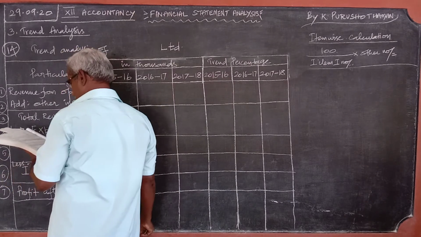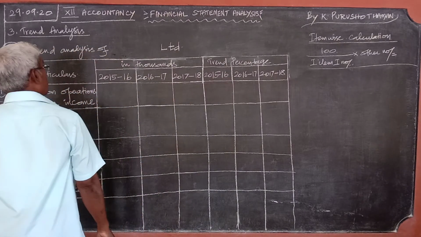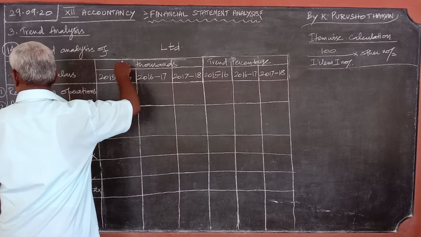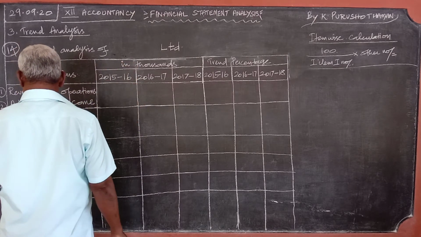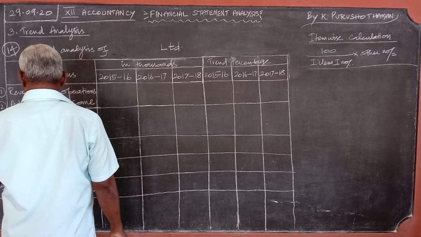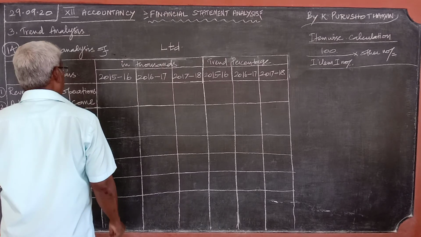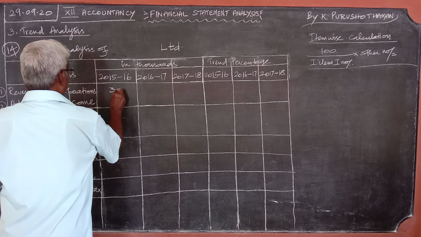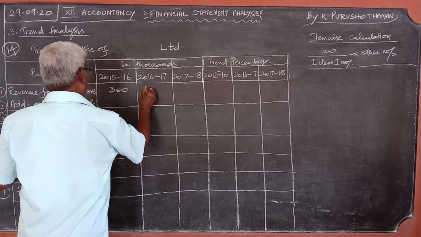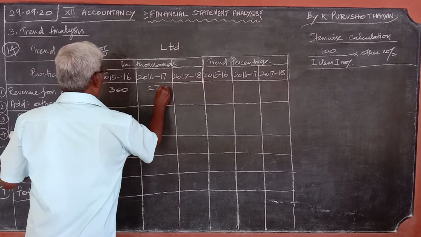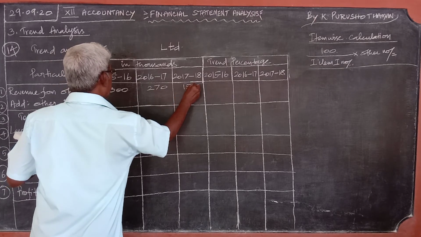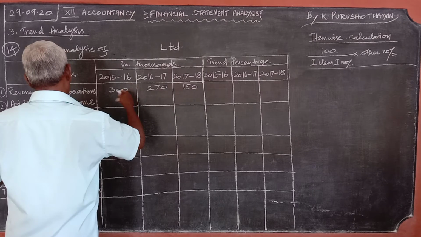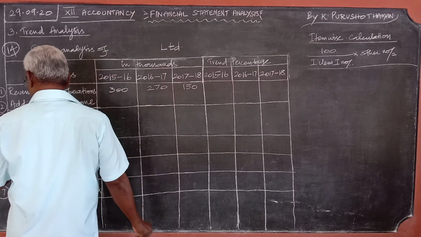Yes, now we shall see the particulars given. The same, in thousands. In all three problems, 12, 13, 14, the particulars are given in thousands. Revenue from operations: 300, 270, 150. In other problems there was an increasing trend; here in this problem there is a decreasing trend.